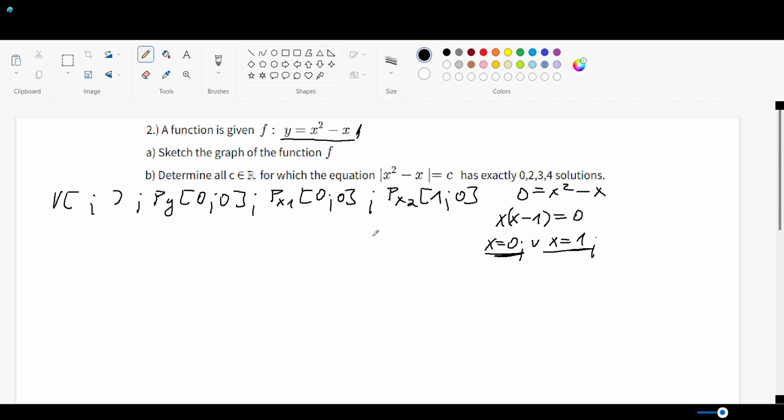Okay, now there is a formula for how you can find the x coordinate of the vertex, which is negative b over 2a, but in this case I'm not going to use this formula, because you don't have to remember this formula during my classes.